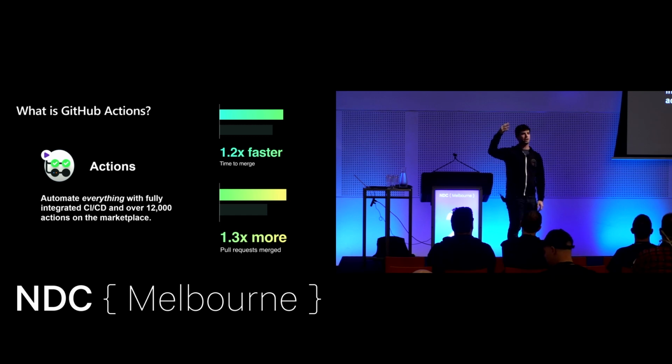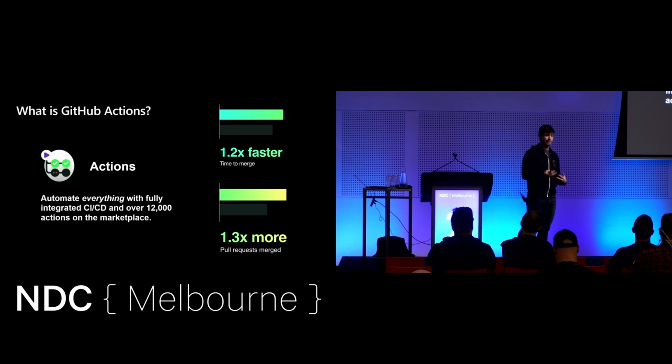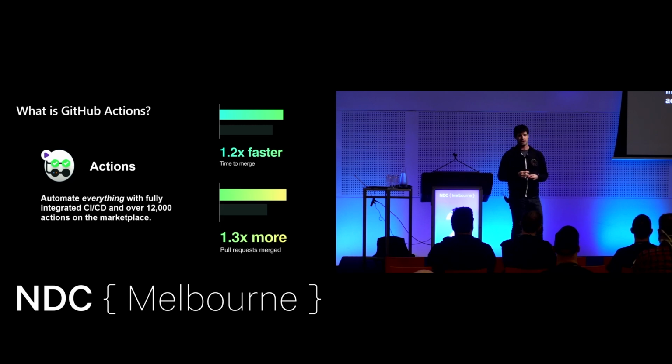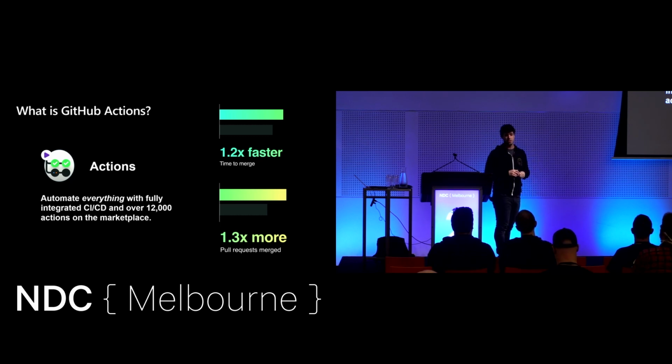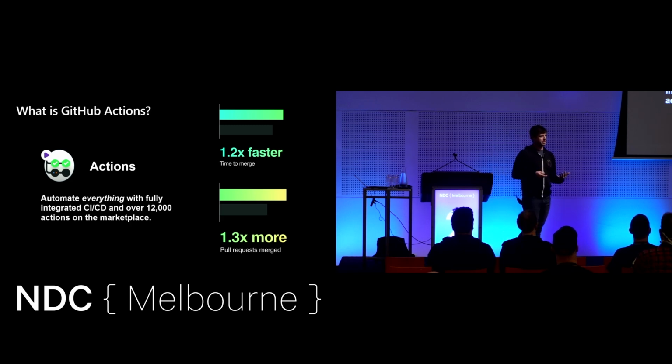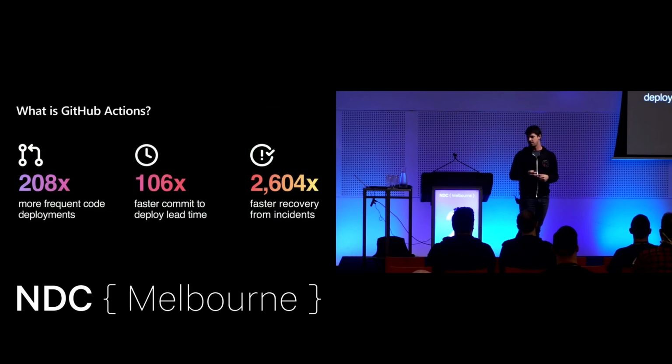We collect a lot of data about whether our features are more effective for people, or whether when somebody turns Actions on, how successful that's making them, or is it slowing them down. We found that people who use GitHub Actions merge their code one and a bit times faster than people who aren't using GitHub Actions, and they merge more pull requests too. So just on that pull request side, on merging pieces of work into their main branch, we find Actions is really handy for that too.